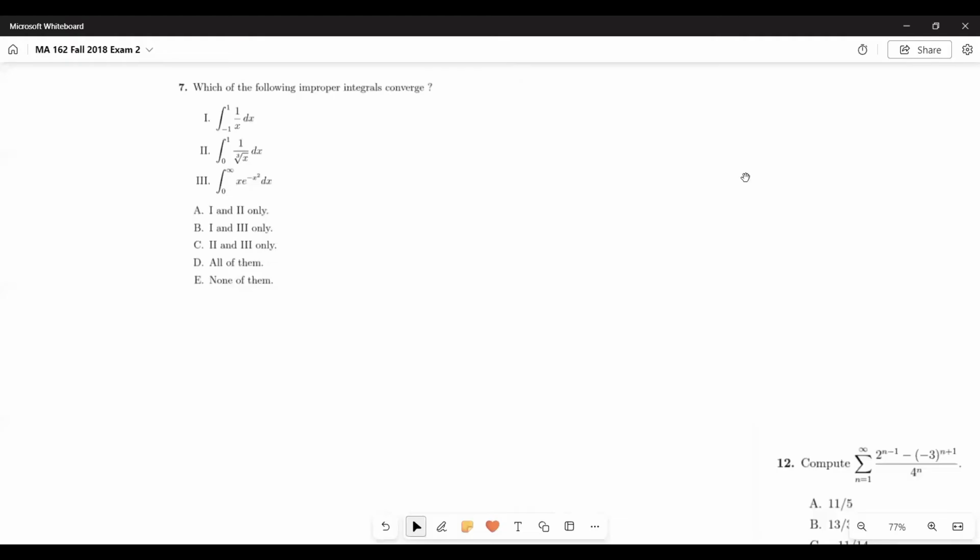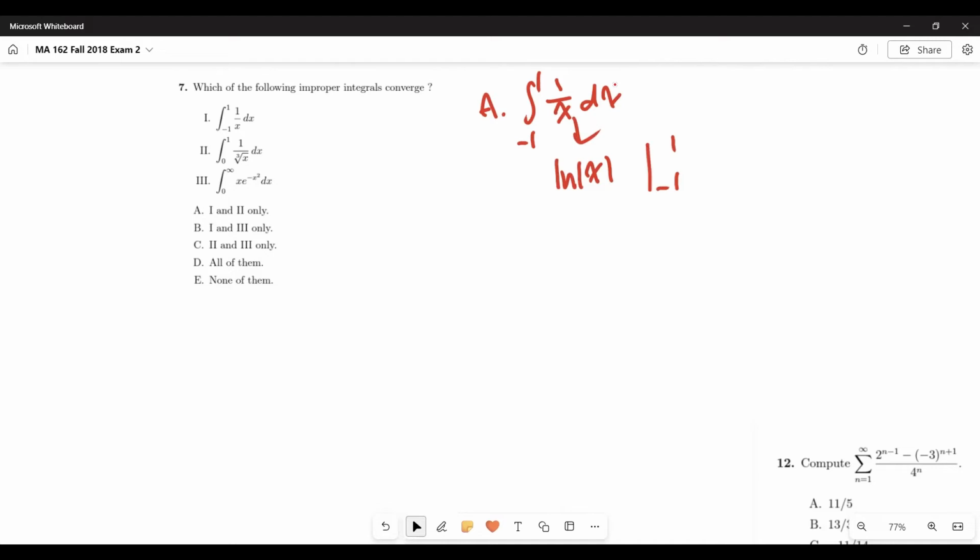Okay, this question asks which of the following improper integrals converge. Let's look at the first option. A is the integral of 1 over x dx from -1 to 1. Okay, so ln|x| from -1 to 1, right? Integrating 1 over x is ln of the absolute value of x.